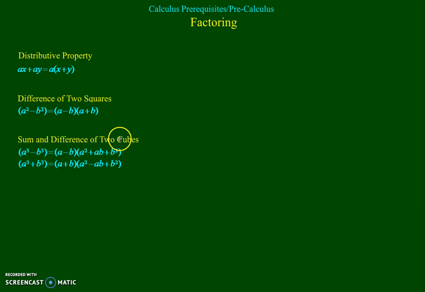Sum and difference of two cubes is a little bit different, and it's a very straightforward pattern. If you take a look at what this does, when you have the difference of two cubes or the sum of two cubes, it works out the same. You take the cube root of the first term, which is a cubed, so a.